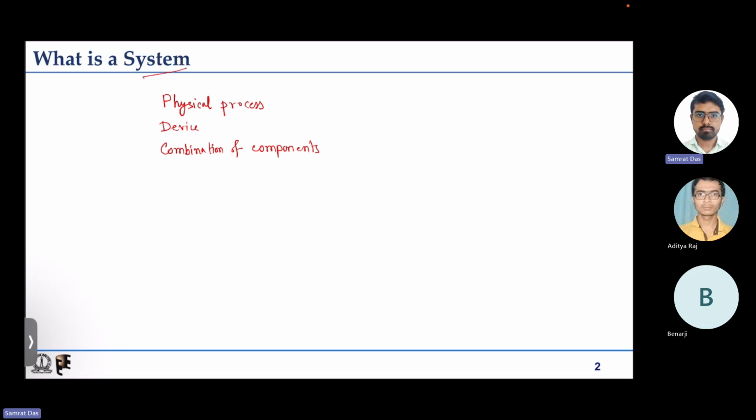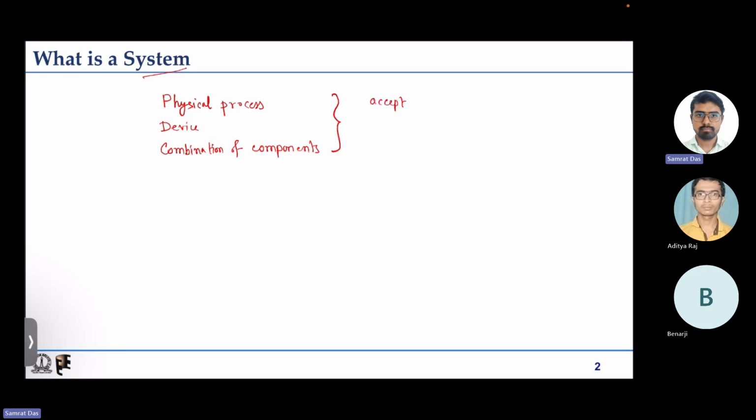If we combine these components, then it becomes a system. But it also has to do something.